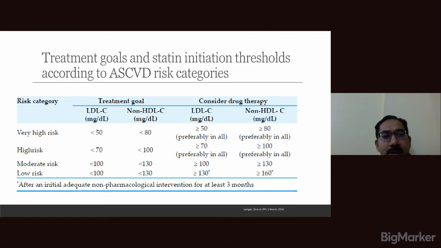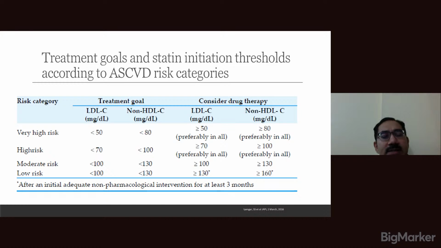So what are the treatment goals, and what is the recommendation for starting pharmacotherapy in these kinds of patients? In a patient who is at very high risk, the treatment goal is to keep the LDL-C level less than 50 milligram per deciliter and non-HDL cholesterol less than 80 milligram per deciliter. The same goal for a high risk patient becomes less than 70 for LDL and less than 100 for non-HDL cholesterol.